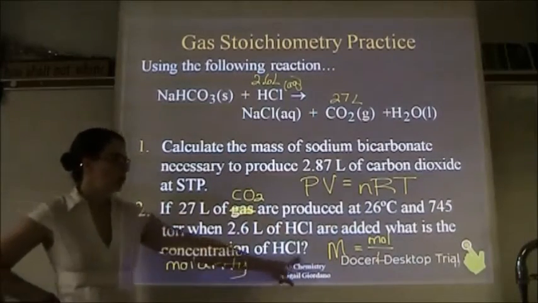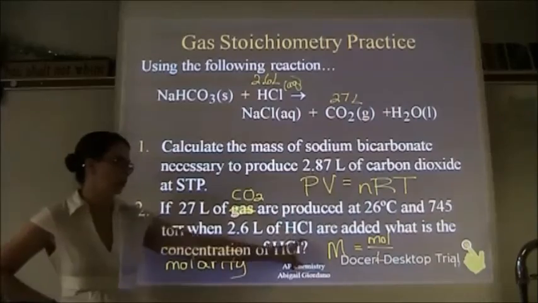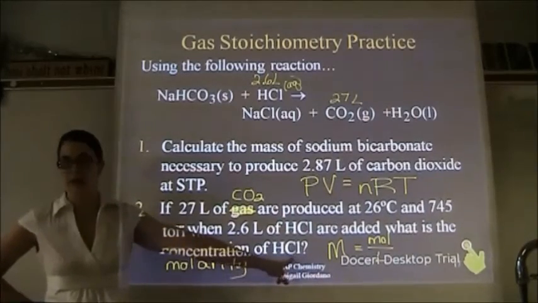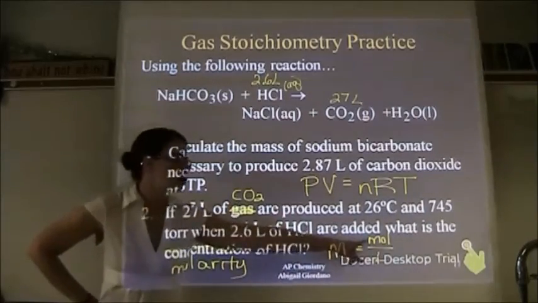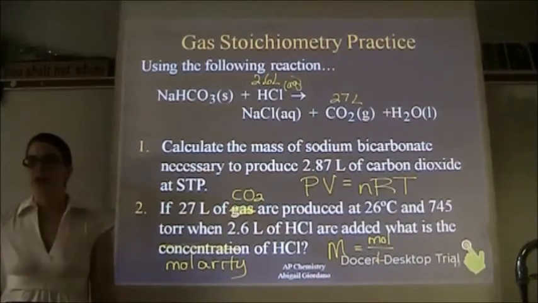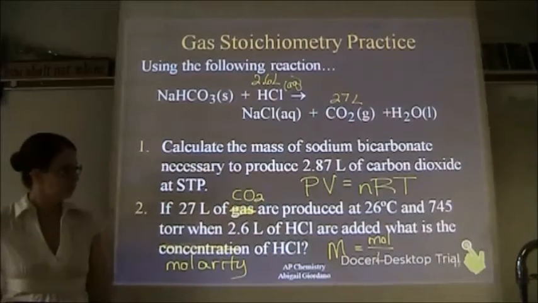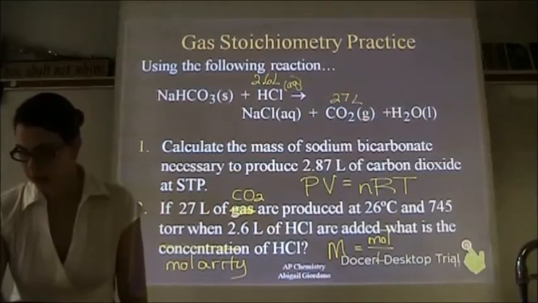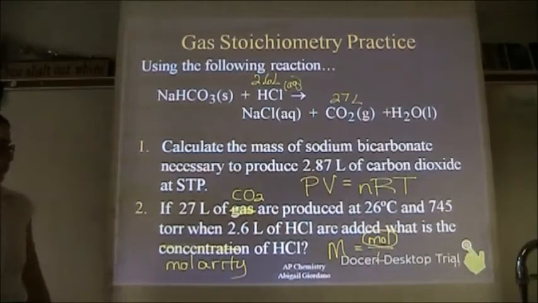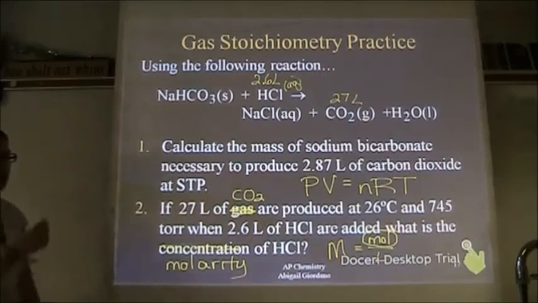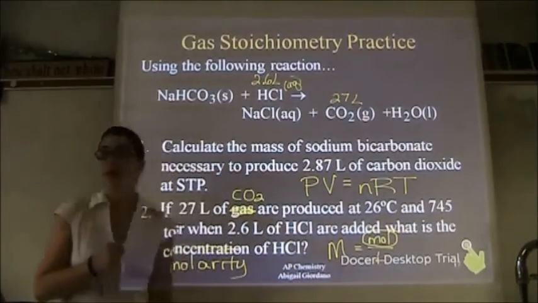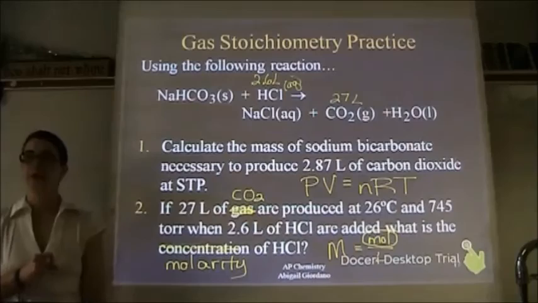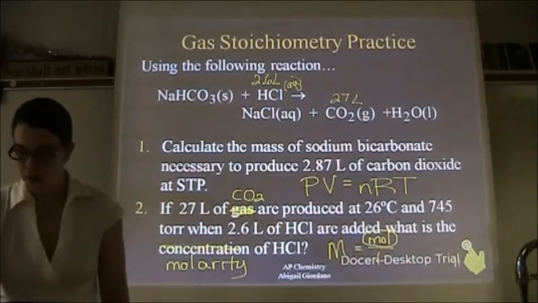We are supposed to find the molarity of HCl. Do I know the moles of HCl? Yes or no? Is that given to me in the problem? No. I always circle my unknowns. Are we given a volume of HCl? Yes or no? Yes. So I have that.